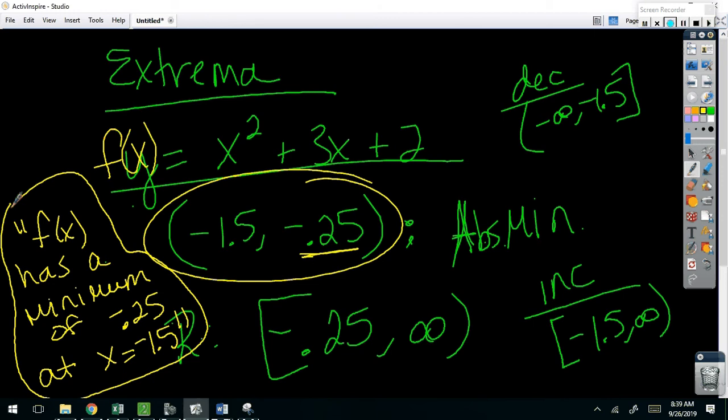If we have to put it in words for whatever reason, if you see that wording, understand what that means. That means the point that the minimum is occurring is negative 1.5, negative 0.25.